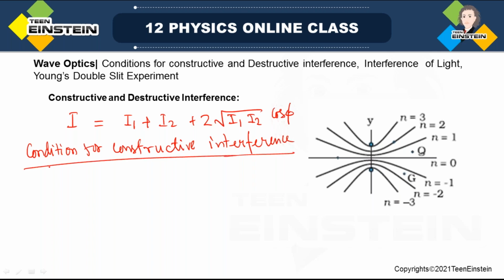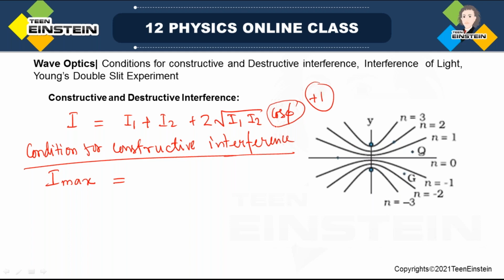Here, for constructive interference, the resultant intensity has to be maximum. Resultant intensity will be maximum at the place of constructive interference. So what is the condition for that? What has to be the value of cos phi? If cos phi has the value plus 1, then only you can have maximum intensity.